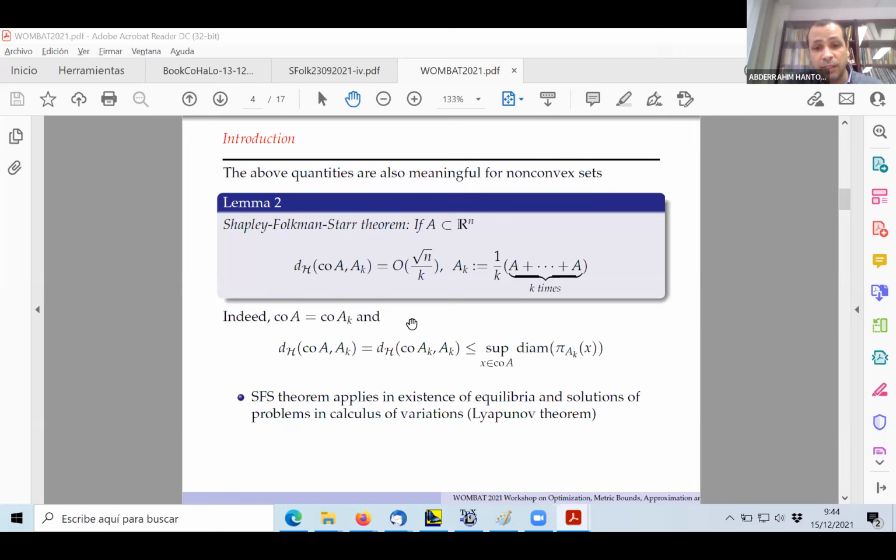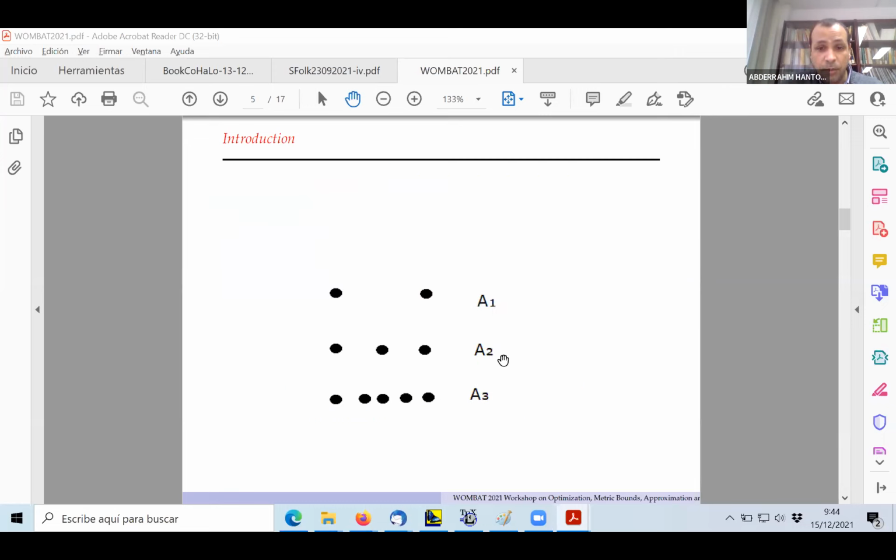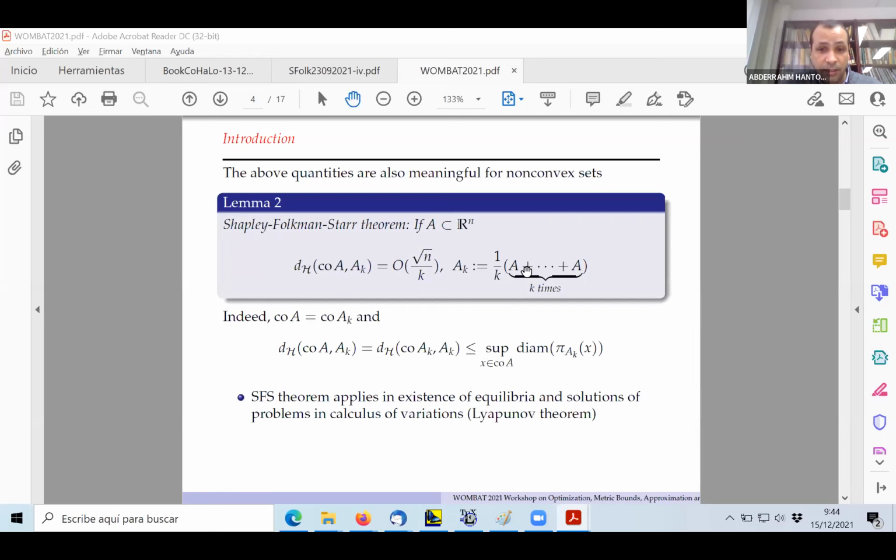So let us see this property on a simple example: consider A to be just a set of two different points. A1 is actually A. To construct A2, remember that this is just A plus A over 2.